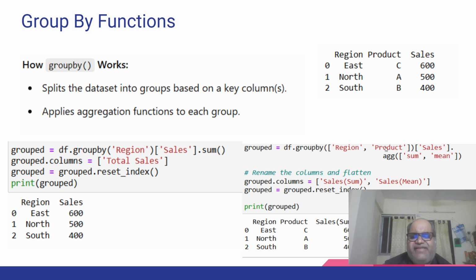So we are grouping by region and product, and then we are taking sales, where we are applying our aggregation for sum and mean. So this is the third notation that you are seeing, right? Whenever you wanted, say, another column and another aggregation, you could have provided them as a key value.